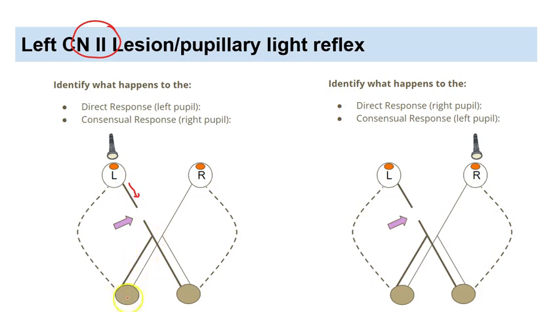It cannot reach the left side and right side. So when this information cannot get to the brain, there is no information here that the brain is receiving. So it means there is no response back. So then the direct response would be abnormal.